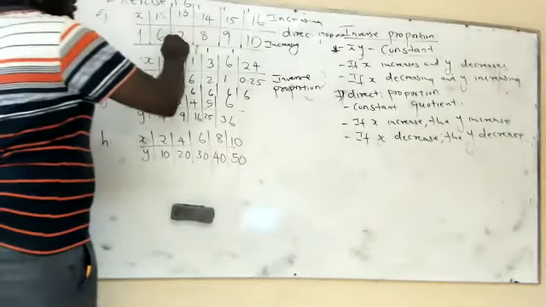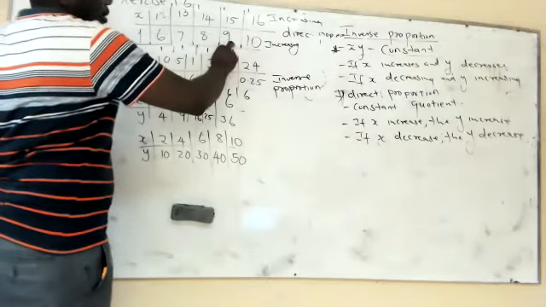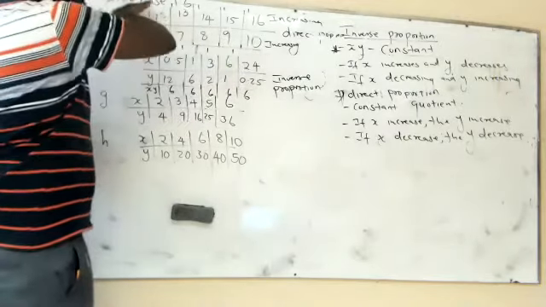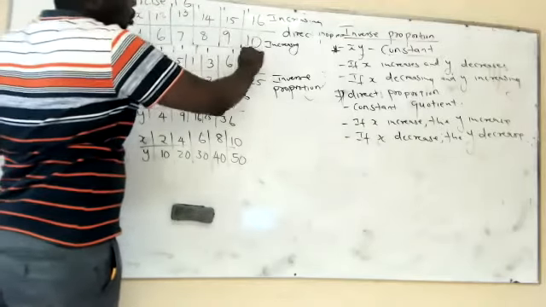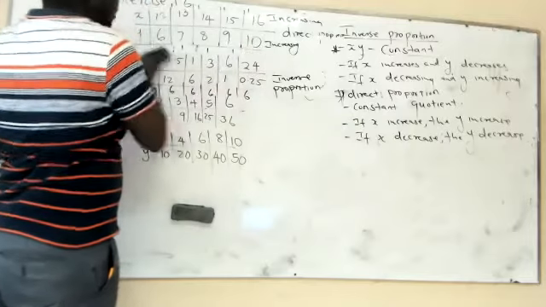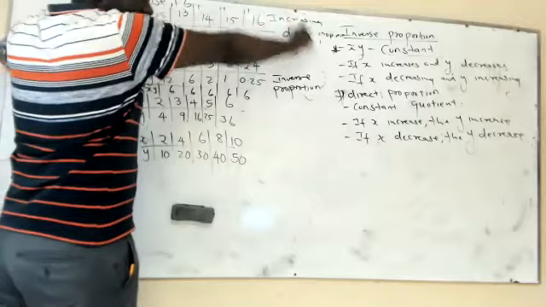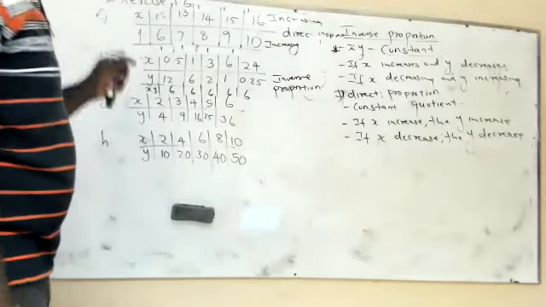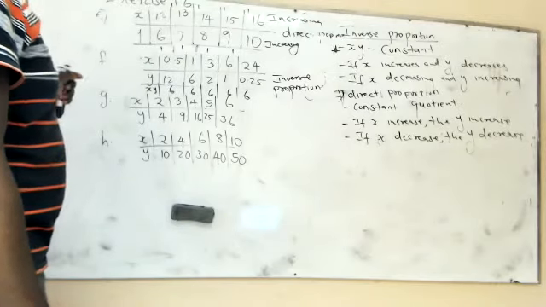If you subtract 7 and 6, 8 and 7, 9 and 8, 10 and 9, you must get the same values. In some cases, the difference you obtained for x is different from the difference you get for y. That doesn't matter, as long as the difference for y is the same and the difference for x is the same. That's the first condition for the direct proportion.